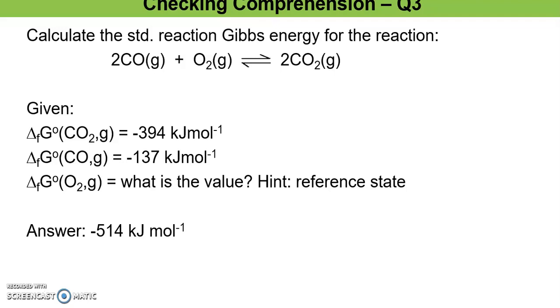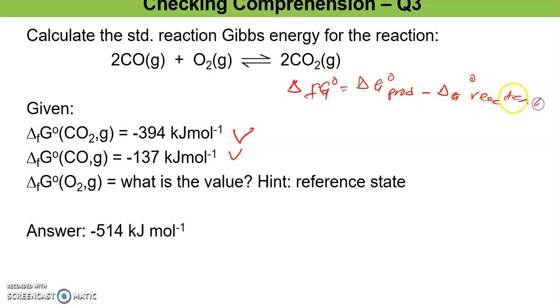From here, given the formation of this one, we know that delta G naught of the reaction equals delta G naught of products minus delta G naught of reactants.